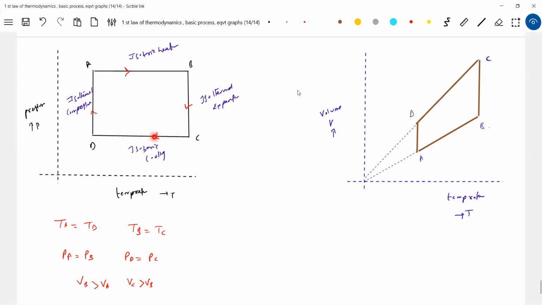Therefore, VD should be less than VC. These are the things which will help us plot the next graph. If you don't know this, it's not possible. We must have this basic information.